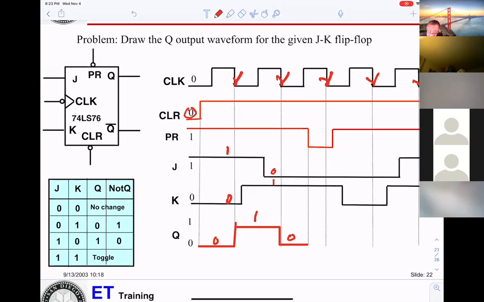The thing is right here, preset goes low. What happened to Q? Q must be high. When pre is 0, Q is 1. Q must be 1. And it will be 1 until the next transition.